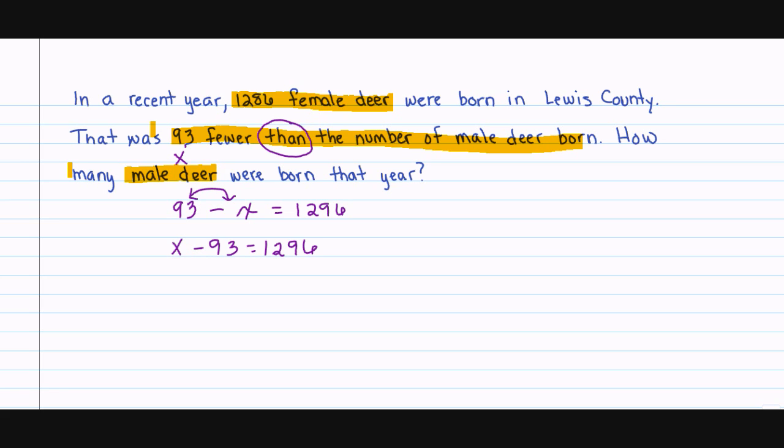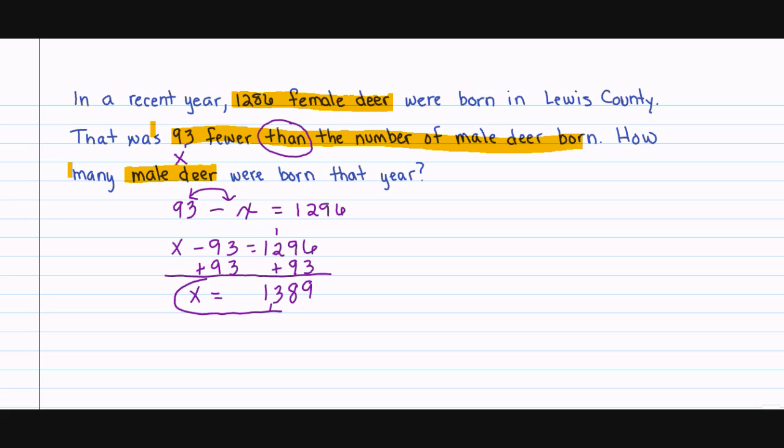Now let's go ahead and solve. I need to isolate my x to find out how many male deer, and the opposite of negative 93 is a positive 93. And x equals, 6 plus 3 is 9, plus 18, 2 plus 1 is 3.